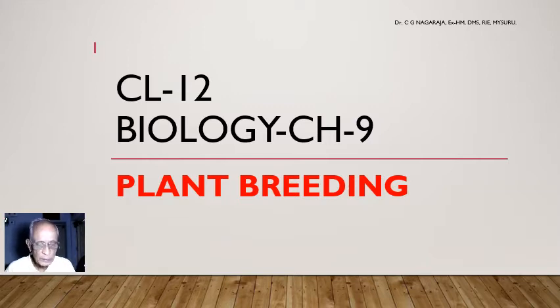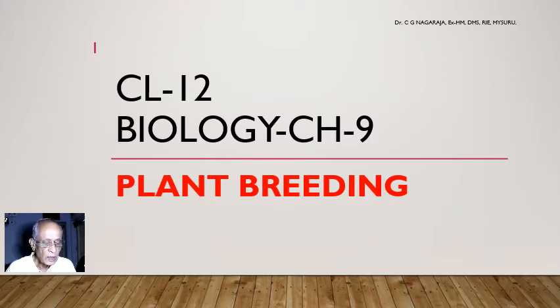is plant breeding, how plant breeding is helping the Indian economy, how plant breeding is helping the Indian population, and what are the methods followed by farmers, how scientists are helping the Indian farming industry, especially plant industry, how we achieved the green revolution.